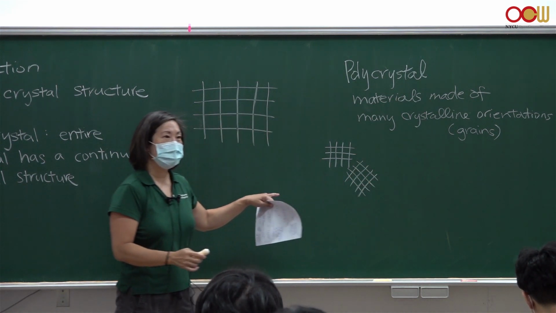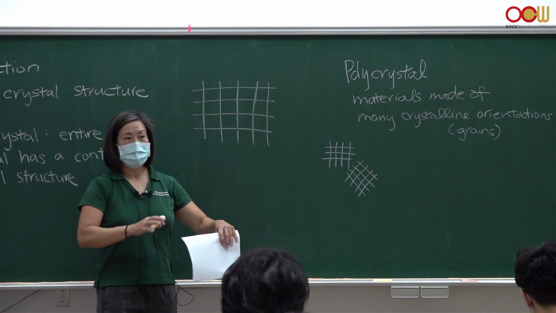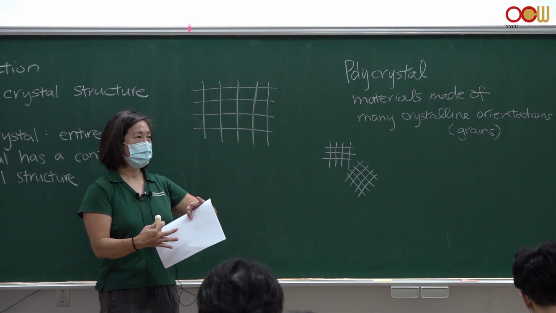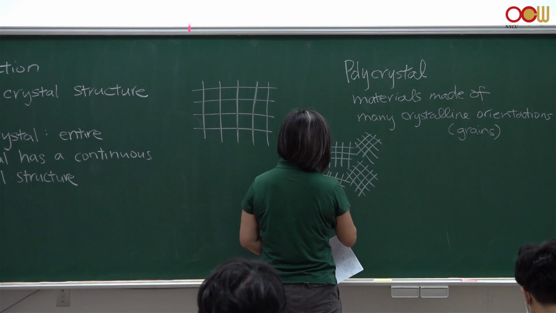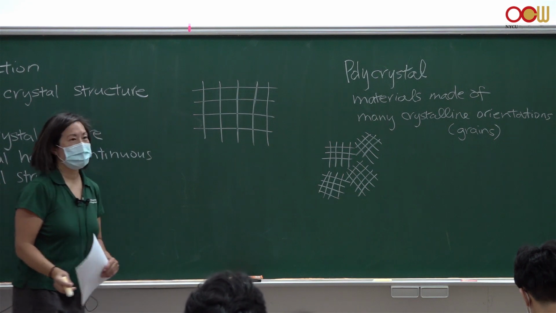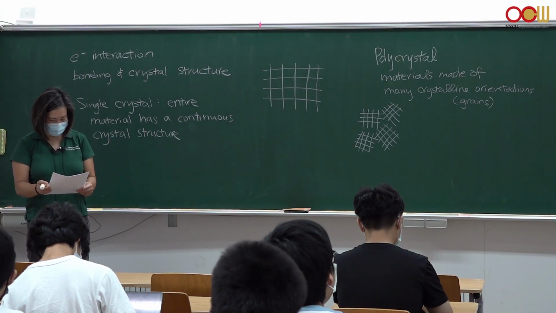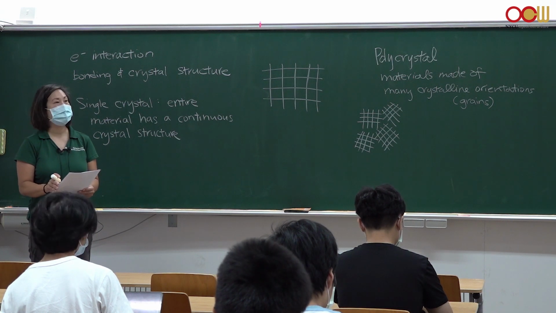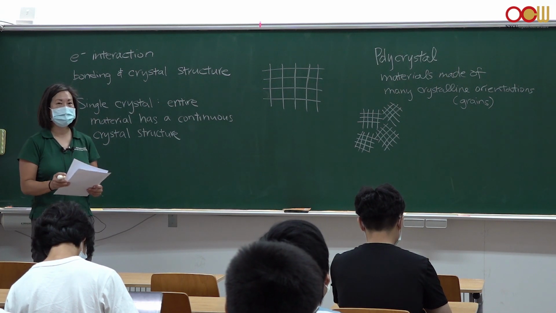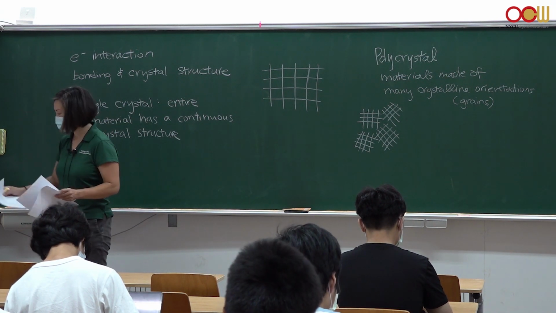It is the same crystal structure, but it might be oriented differently. So that would be a polycrystalline material, made of many, many grains and not a continuous crystal structure.